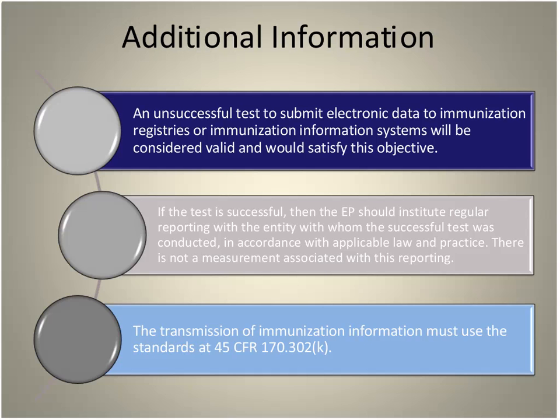If the test is successful, then the eligible provider should institute regular reporting with the entity with whom this test was conducted, in accordance with applicable law and practice. And no percentage measurement is associated with this reporting for stage 1.